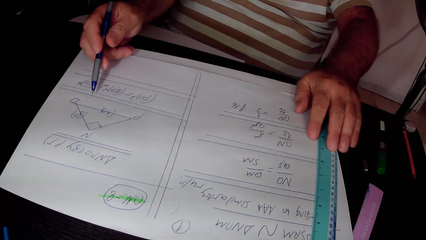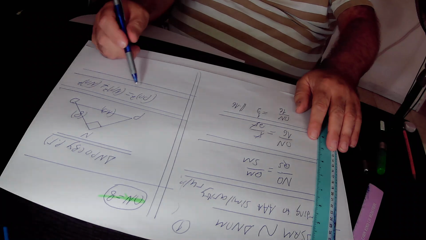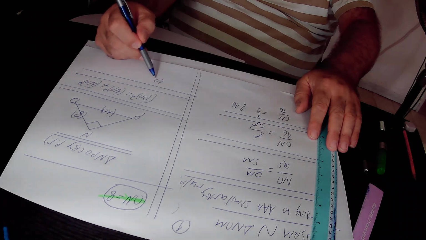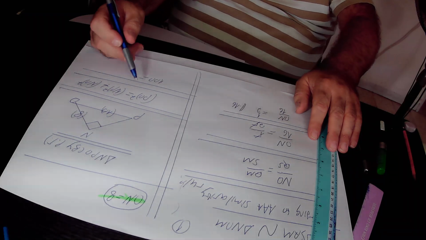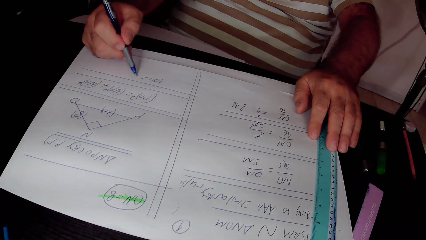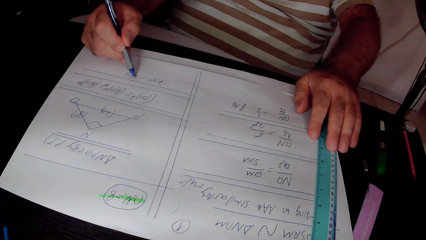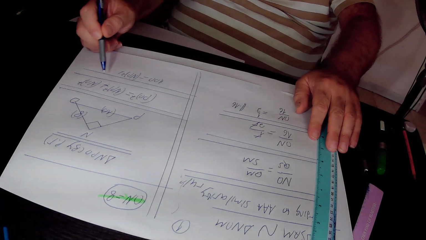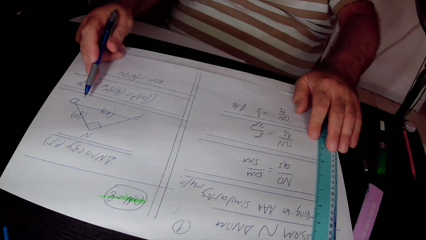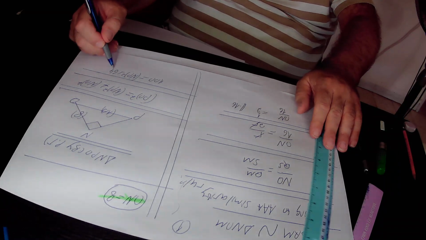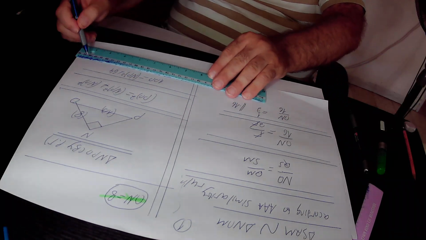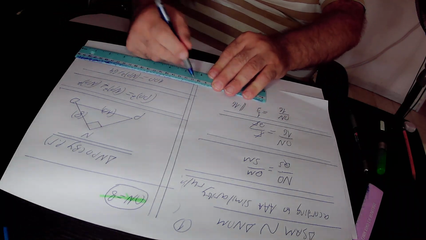PO equals 10, therefore PO squared is 10 squared, that is 100. And it is equal to NP squared. NP is the missing side, so we leave it as it is. Plus NO squared. NO equals 8, therefore NO squared is 8 squared, that is 64. So in total we have that 100 equals NP squared plus 64.